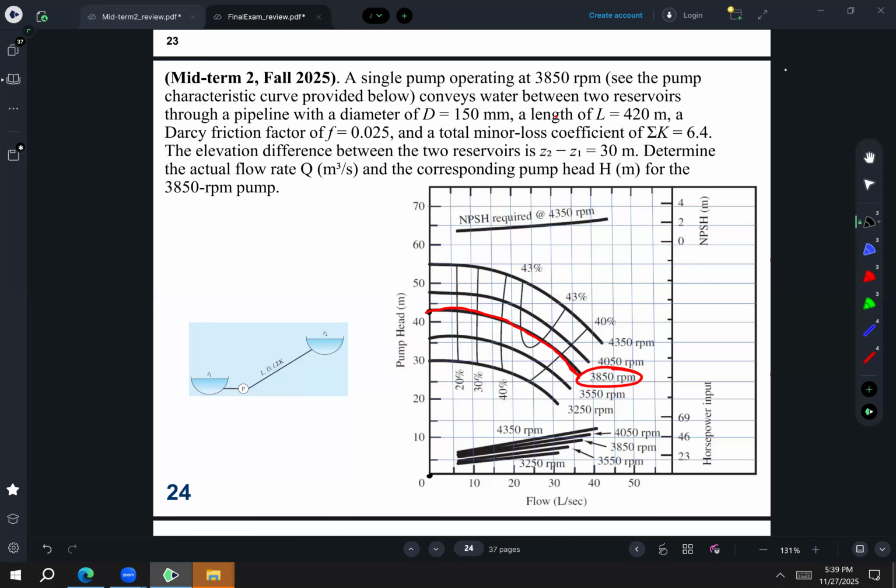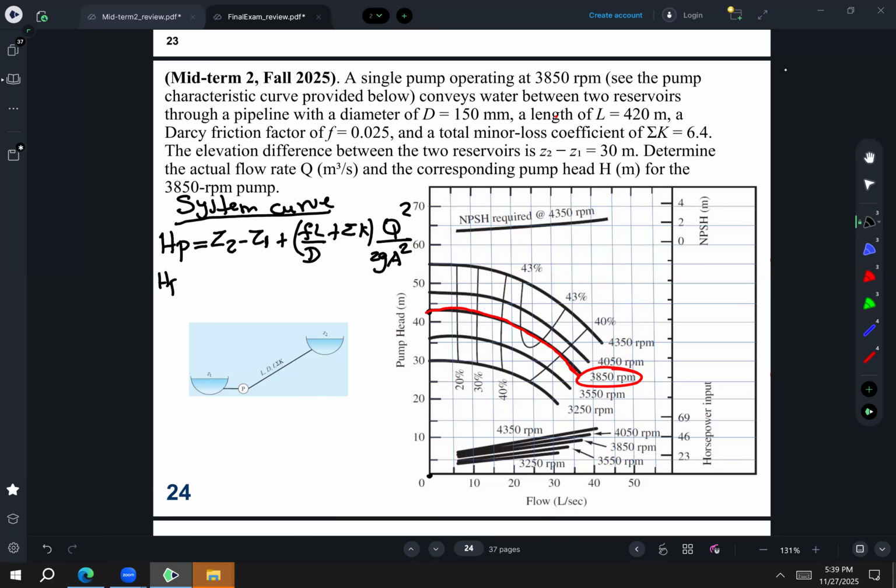The system curve we can determine using the formula, which says Hp is equal to z2 minus z1 plus (f L/D plus sum of K) Q squared over 2 g A squared.